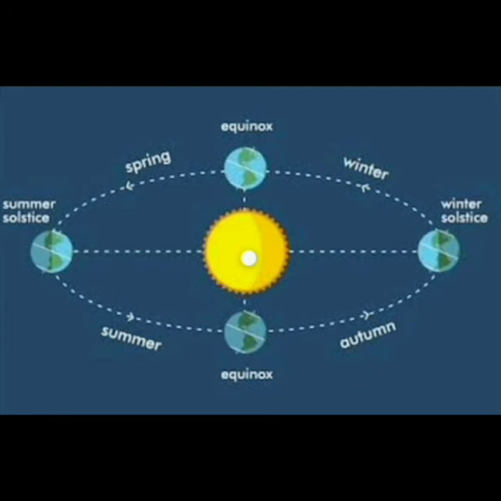Yes, in northern hemisphere on 21st June, the sun rays fall vertically at the Tropic of Cancer, that is 23.5 degrees north, and a large portion of the northern hemisphere gets light.